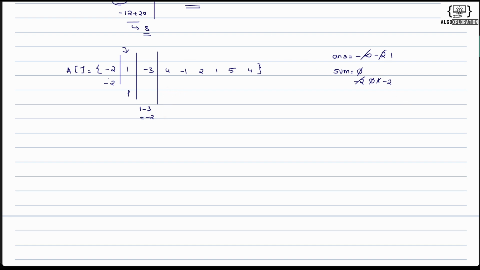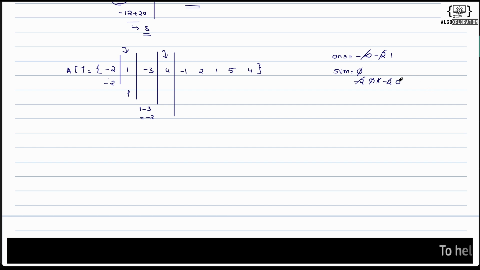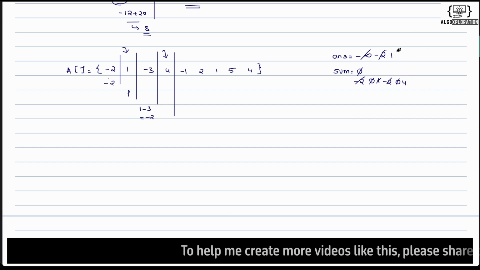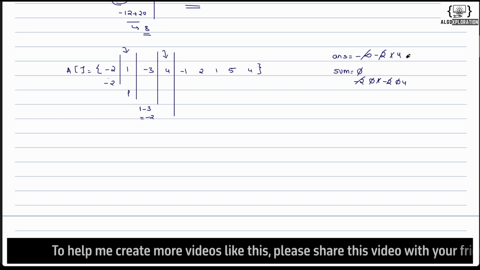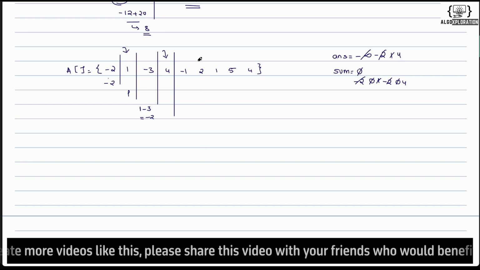So we will reassign the sum to 0 again. Okay, let's move forward. Now at this point the sum is 0, and if we include 4 to it, this sum will be 4. Again compare, here the sum is greater, so simply update our answer. Okay, and then move forward.